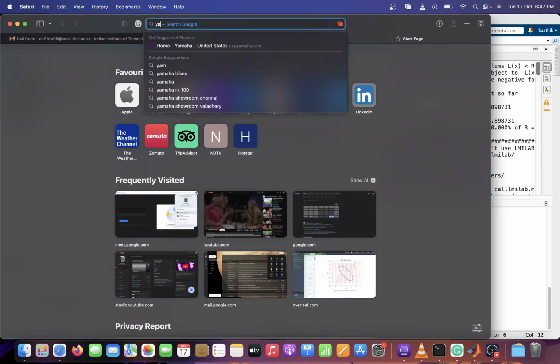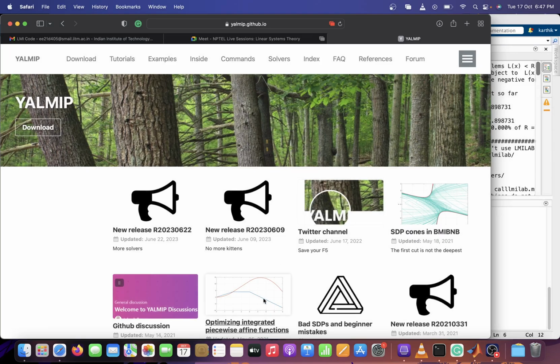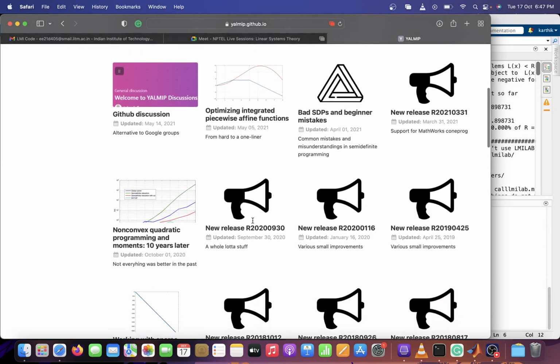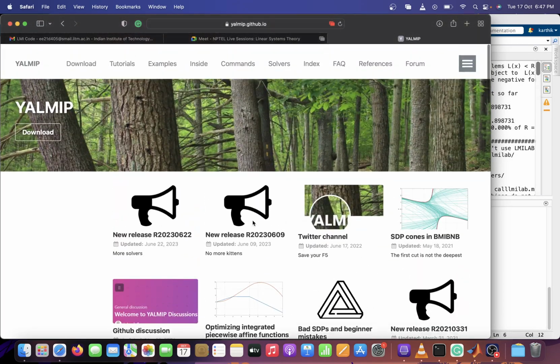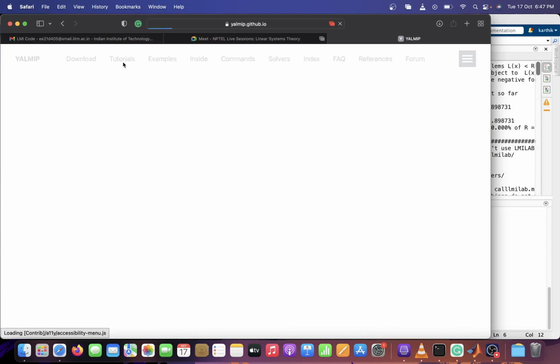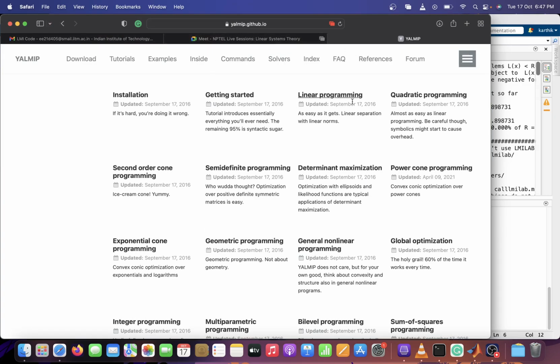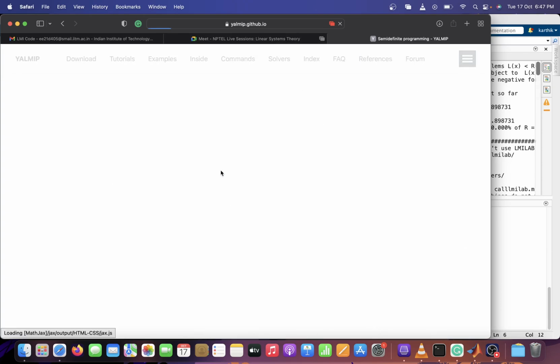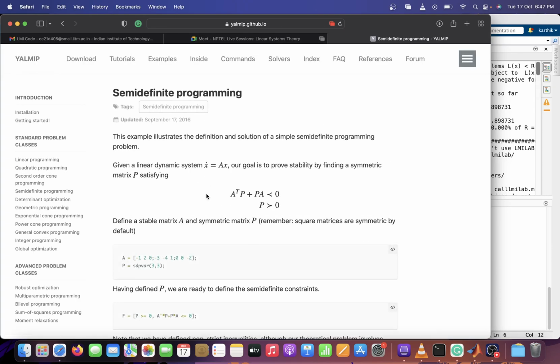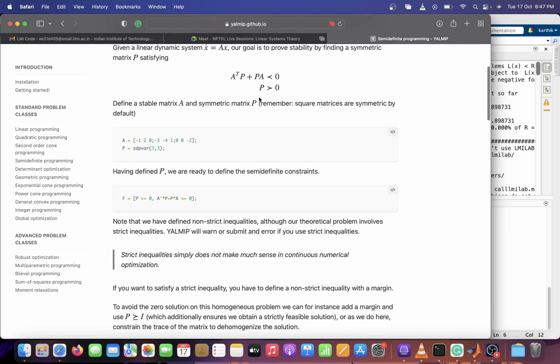If you go to their website and check the tutorials, there are so many types of programming like linear, quadratic, second order. We have to go for semi-definite programming, which is what you usually use, where the inequalities are semi-definite, or you are basically checking for the signs of eigenvalues.